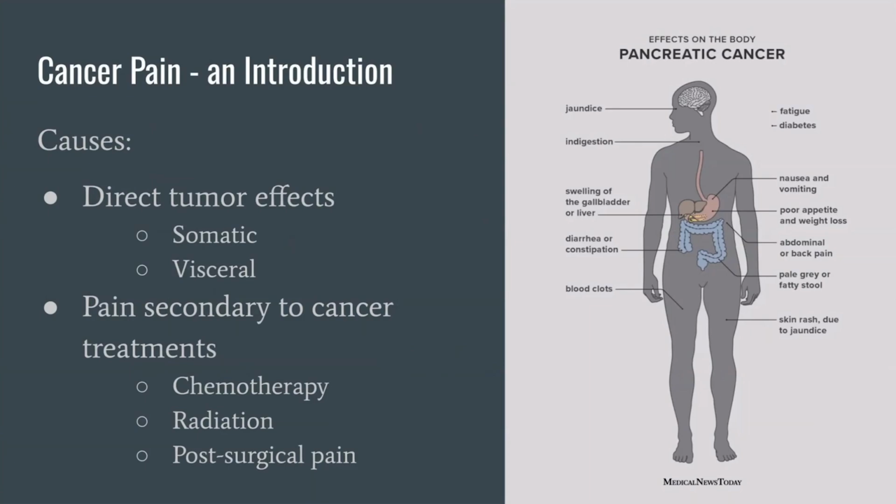So chemotherapy, radiation therapy, surgeries to treat cancers, all can cause secondary pain. Even more so, these treatments can cause secondary conditions like nausea, weight loss, immunosuppression, all these things, thus making patients more susceptible to other painful conditions. This pain has multidimensional impact, affecting physical, psychological, and emotional well-being.